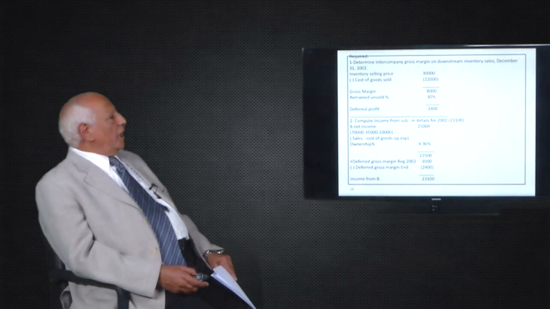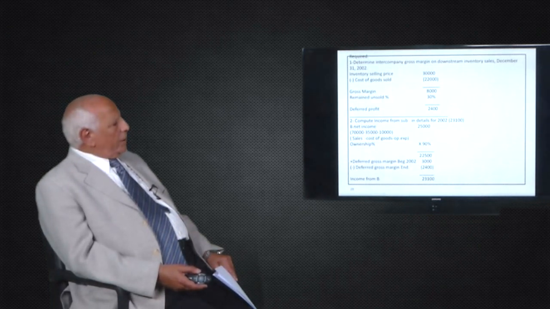compute income from B in details, 2002. What's the income from B? This number, 32,100, he asks you where this number comes from. You have to go step by step: B net income, 25,000.